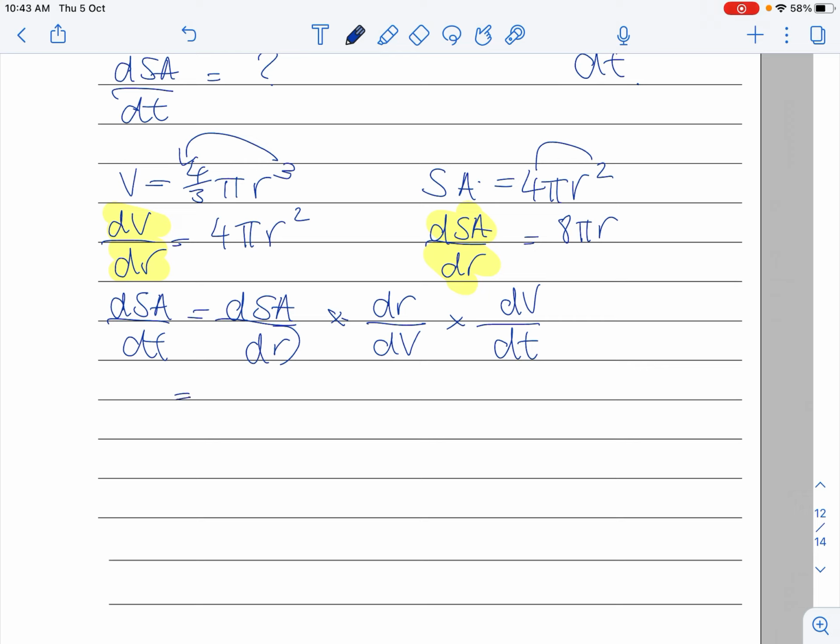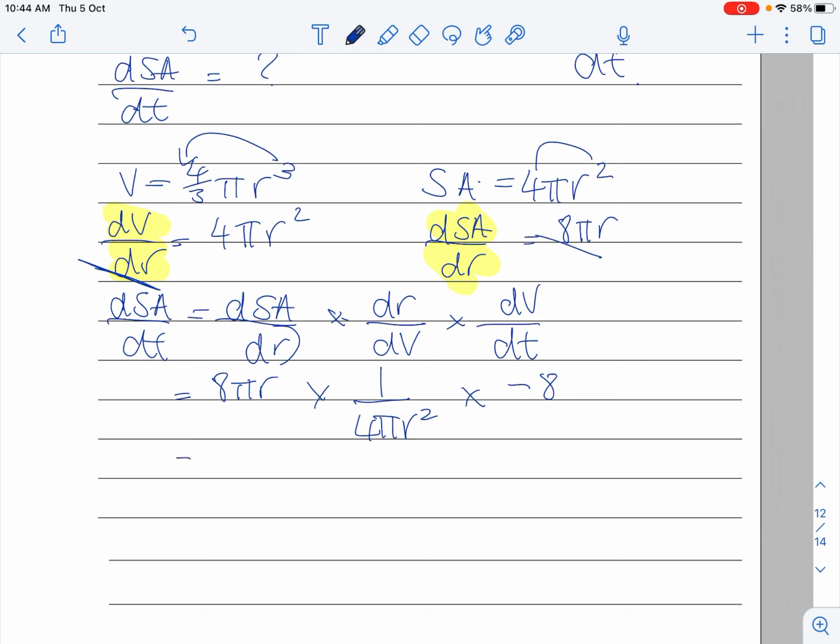Okay. So dSA by dr is 8 pi r from here. dr by dV is 1 over this, so 1 over this one here, because we're flipping it upside down. And we know dV by dt is 8, or negative 8, because it's decreasing.